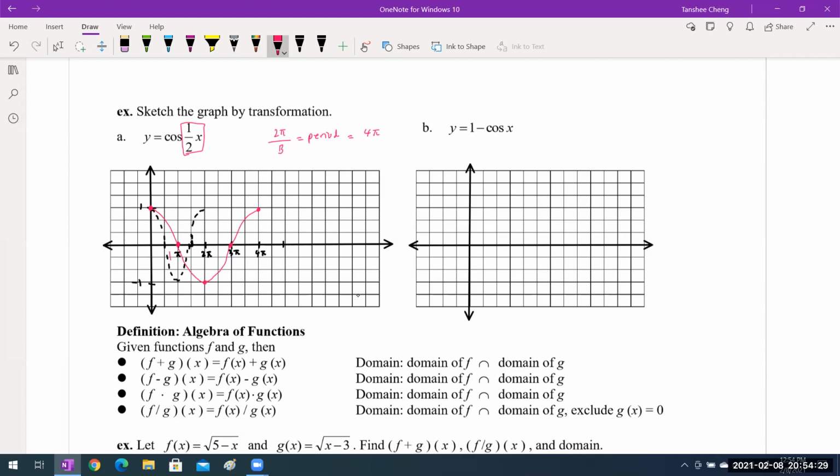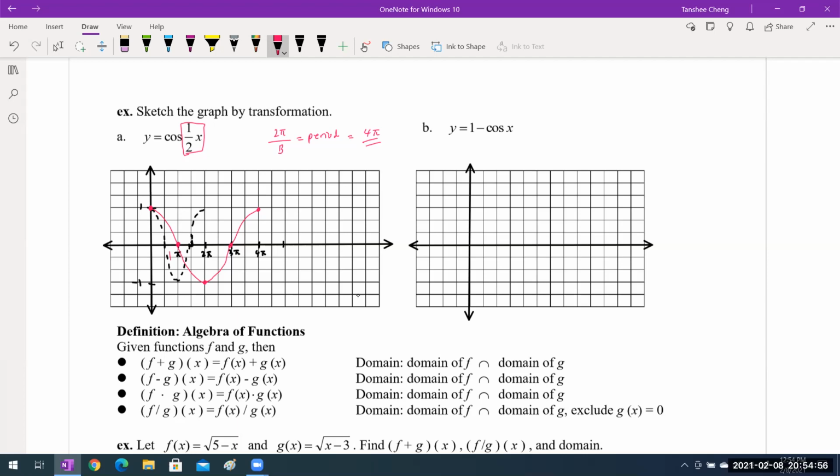The 5 good points are basically easy. Once you find the period, from the beginning of the period to the end of the period, you just find the midpoints. That'll give you 5 good points right there. In this case, it's easy enough just to count, right? 4 pi period, 4 equal parts will be pi each.